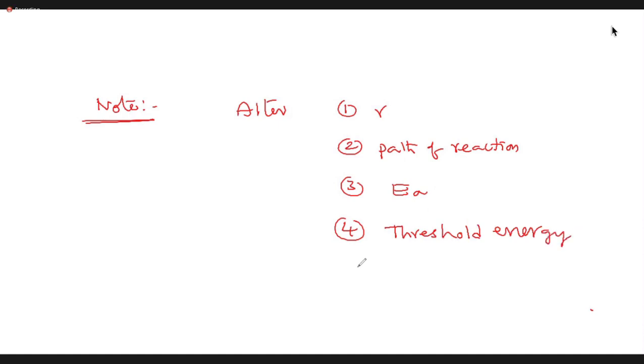I will explain what these are. Number five, rate constant. Note down.